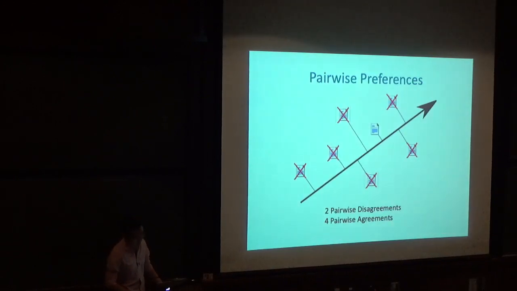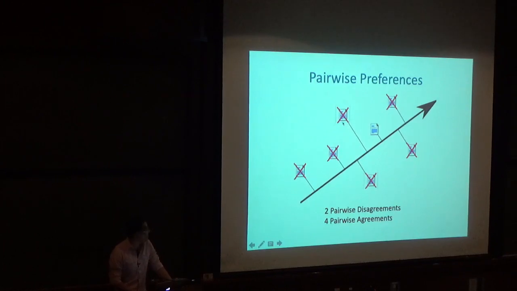Okay, we could do pairwise preferences. So in this case, we have a ranking. So everything on this side, this guy is ranked the best, this guy is ranked the worst. And in this case, if we look at all pairs of positive and negative results, so this guy and this guy, this guy and this guy, we see that there's 2 disagreements. There are 2 cases where a positive result was ranked below a negative result.